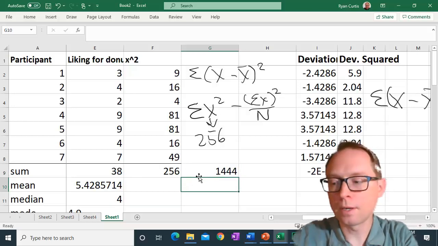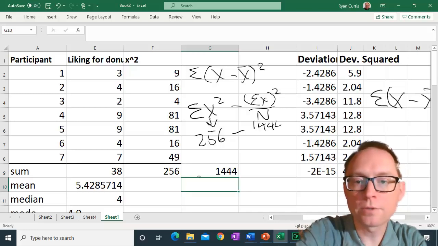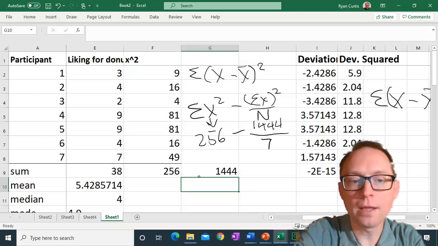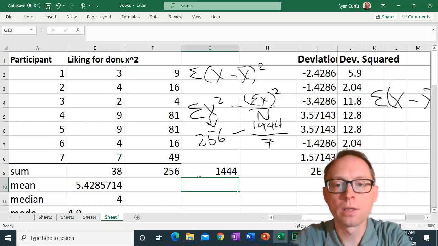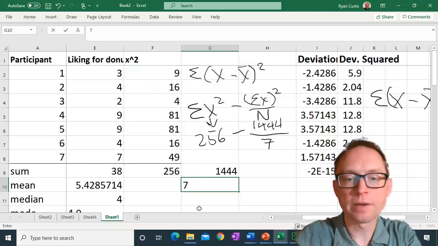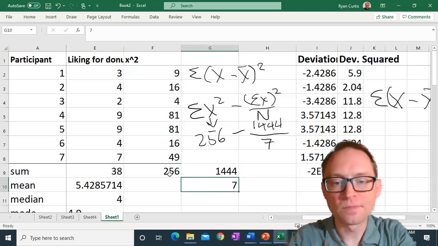All right, so 256 minus 1,444 divided by n. What is n? N is 7. It's the number of people in our sample. So let's put a 7 right there. So what we need is this minus this divided by that. And that's what we're looking for.